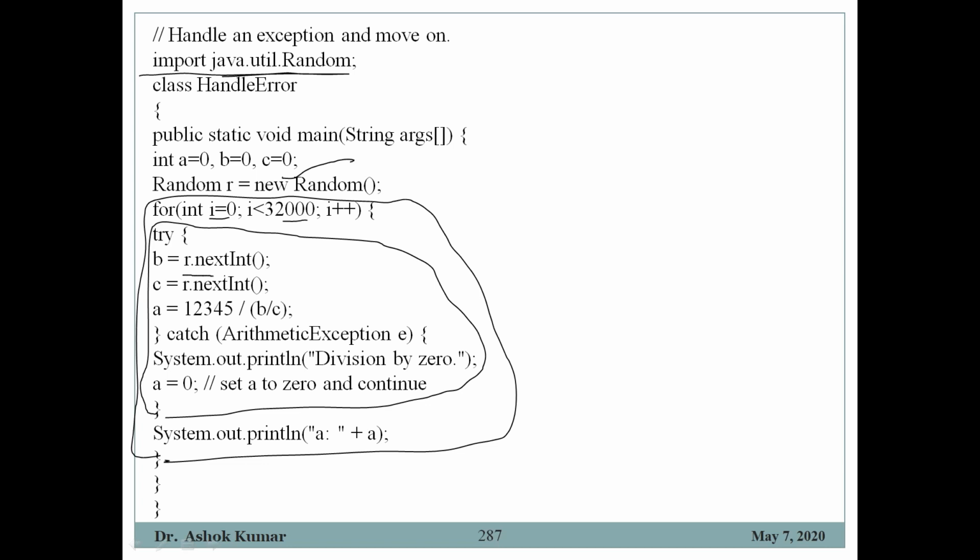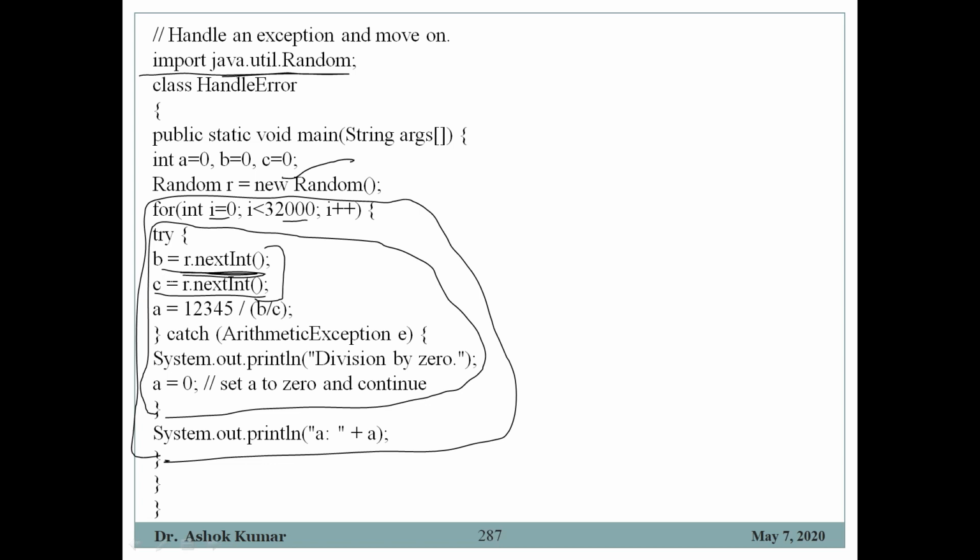So that you will get in b. And the next r.nextInt will give you another random integer in variable c, right? So through these two we are going to get random integer numbers.